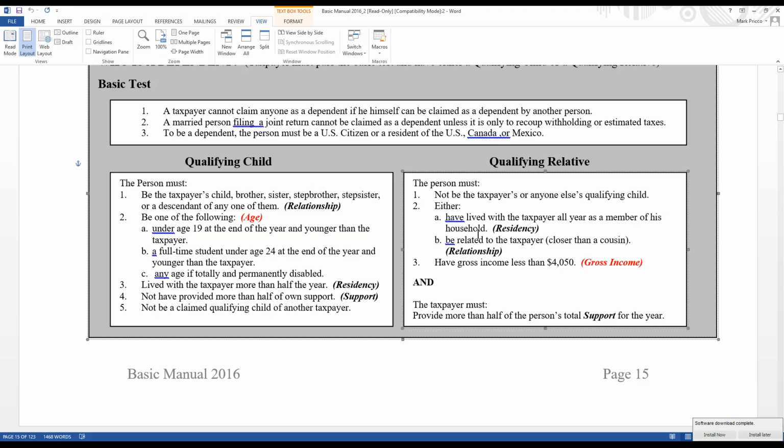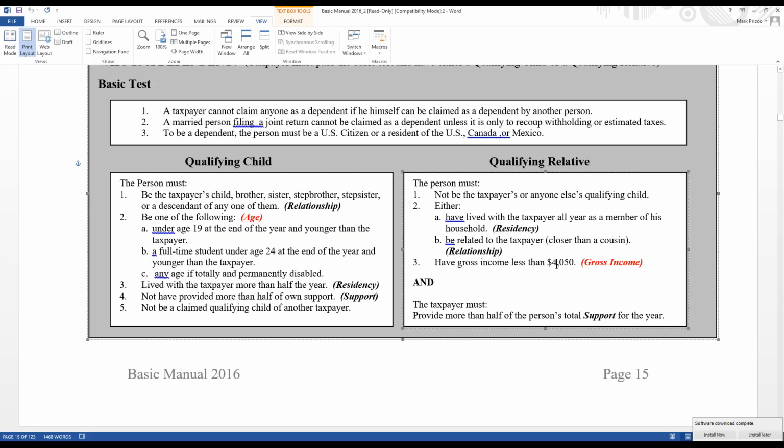For number 2, they could live in the household the whole year, like a boyfriend or girlfriend, so they're not related but they're in the household the entire year. They wouldn't meet the relationship test, but they'd meet the residency test. Or they're related, say their child, maybe a 35-year-old child who doesn't even have to be living in the household, then they would meet the relationship test. So there are 2 different things: either be in the household the whole year, not related, or be related to them. And the third one is their income has to be less than $4,050.